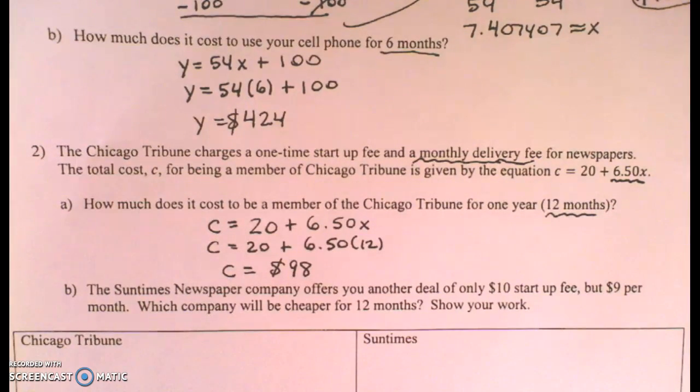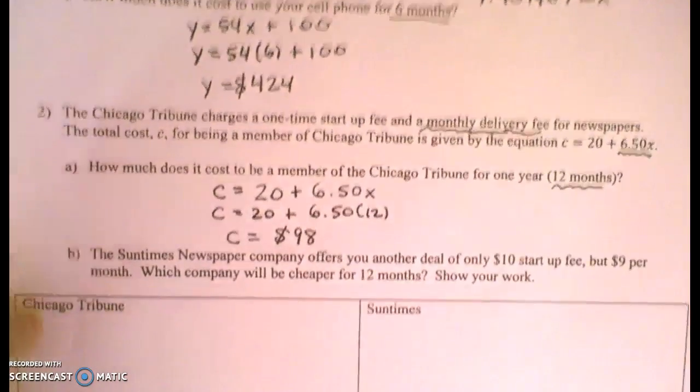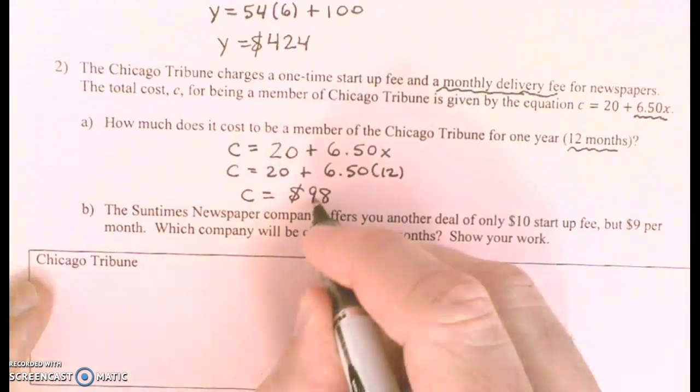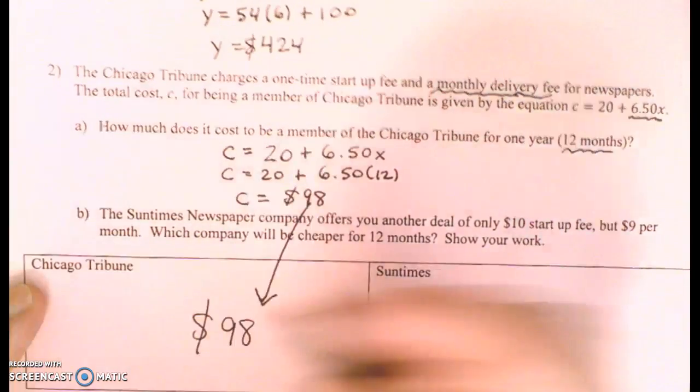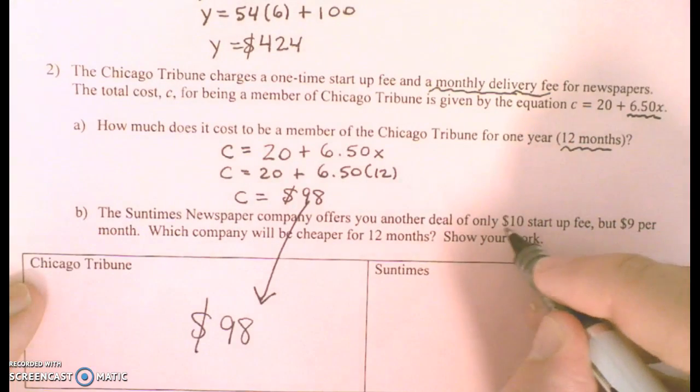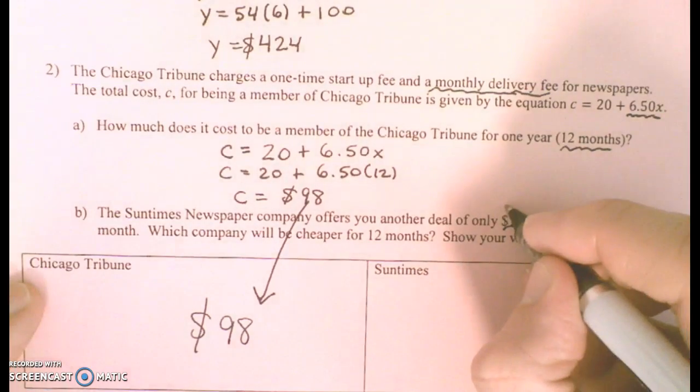So the Sun-Times newspaper company offers you another deal of only a $10 startup fee, but $9 per month. Which company will be cheaper for 12 months? Show your work. So we already did the Tribune. We know that the Tribune is $98. How much is the Sun-Times? So there's a $10 startup fee.